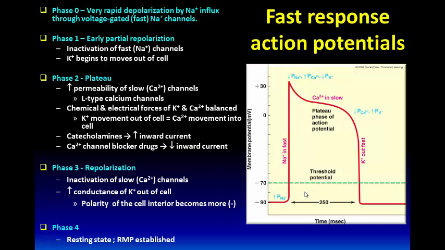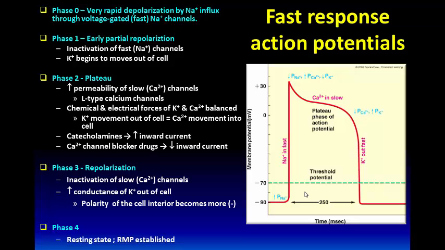So now we have finished with excitability and how the myocytes respond electrically by generating action potentials when they are excited by cardiac impulses in the form of action potentials from the sinoatrial node.